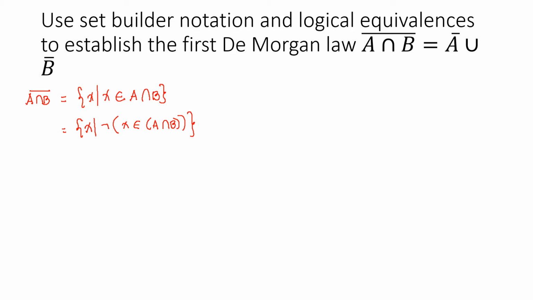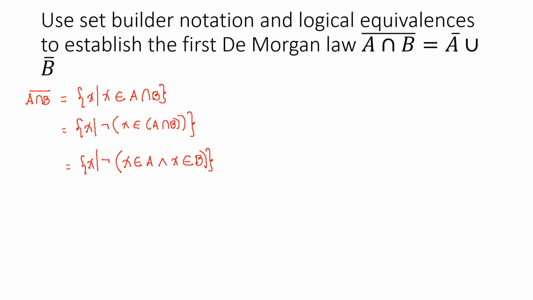Now, if that is the case, then we could also have a set of X such that X is not an element of A and X is not an element of B. Okay, so that is the definition of intersection.